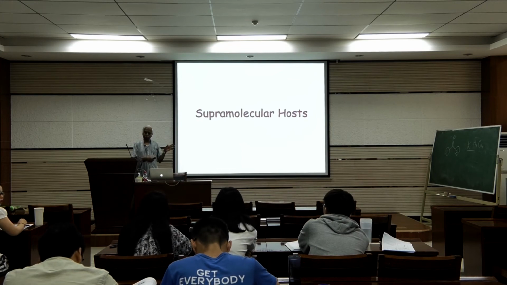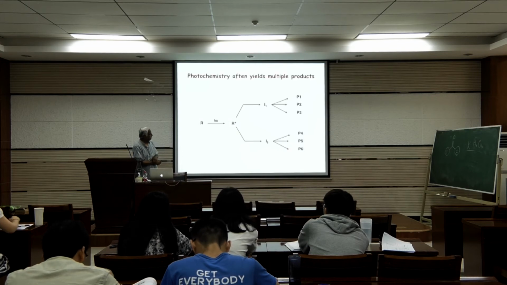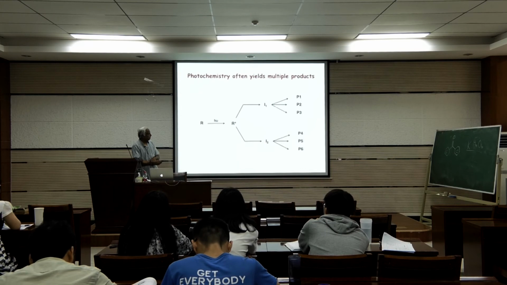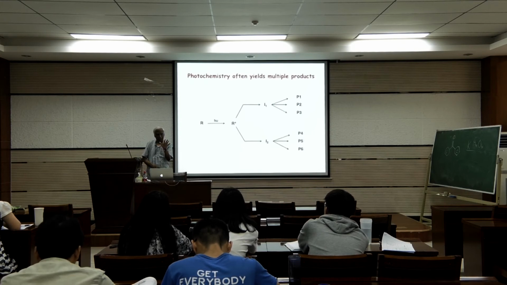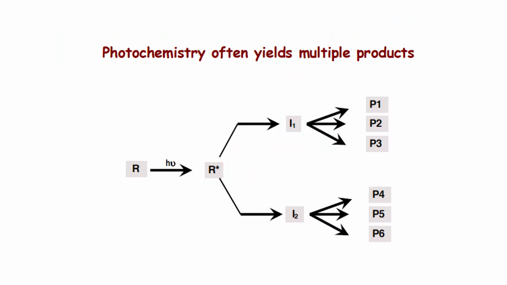Now, how do we do this? If you know the basic principles, you can understand how to alter their chemistry. Here there is a molecule excited, and then it gives a lot of products. In chemical reactions, you want to get only one product. If you get 5 products, that is not very good, because you have to do a lot of separations. So how do we make this molecule give only one of these?